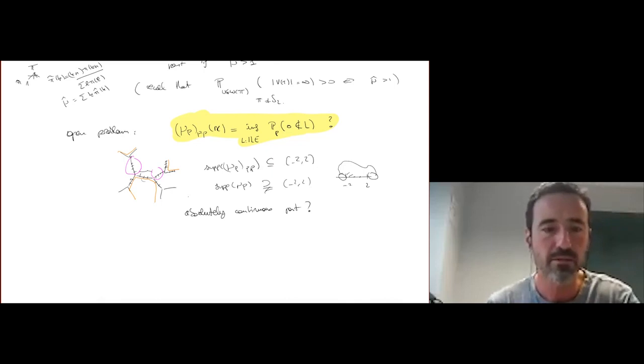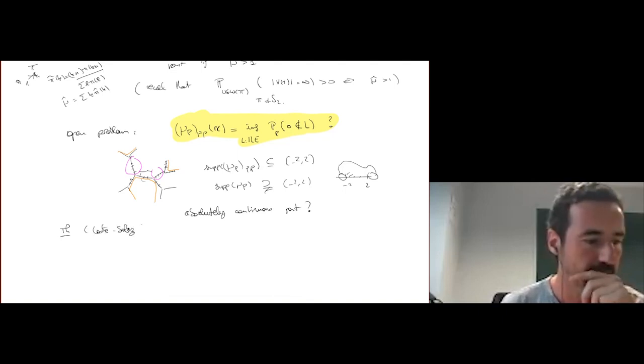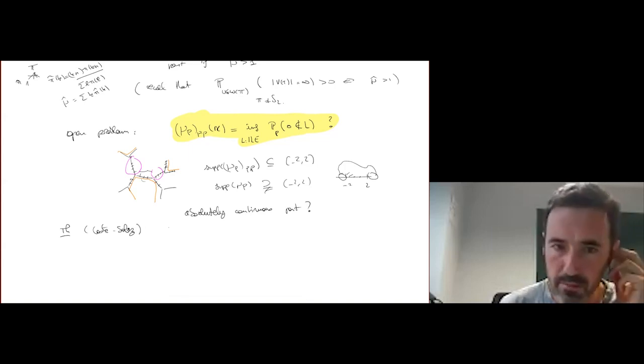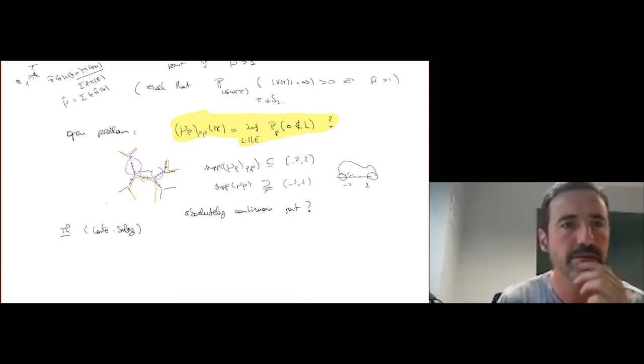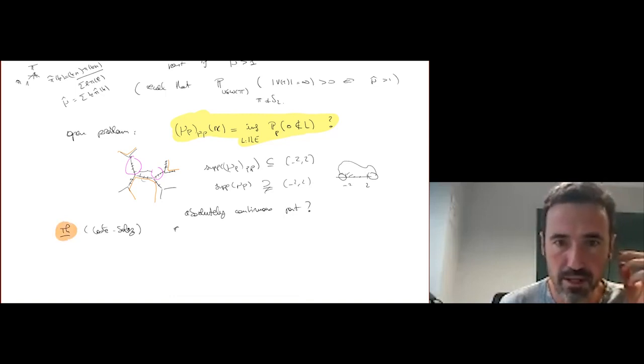There is one result though in this direction, which is a recent result of Coste and Salez. You remember, I mentioned last time a result on the mass at 0.